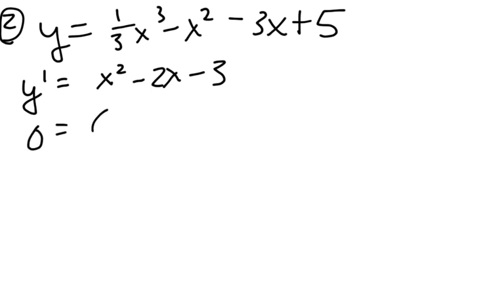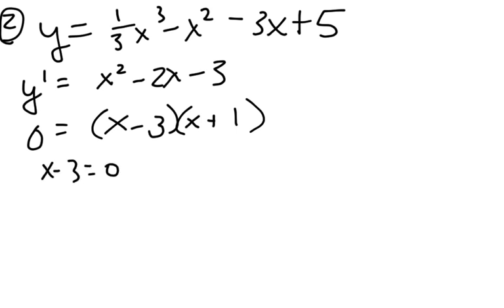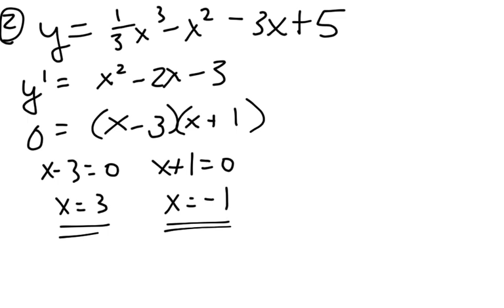Set that equal to 0 to solve for the critical values. Factoring, (x minus 3)(x plus 1). Okay, so now I set each of these factors equal to 0. x equals 3 or x equals -1. Those are my critical values, and it's never undefined.